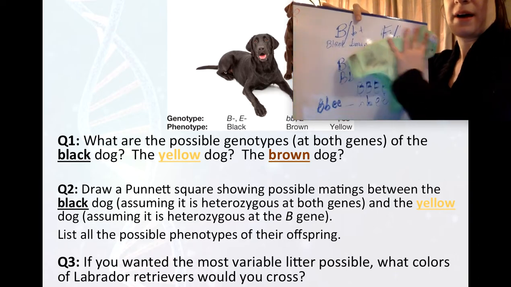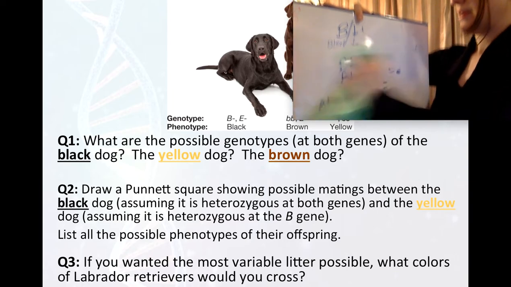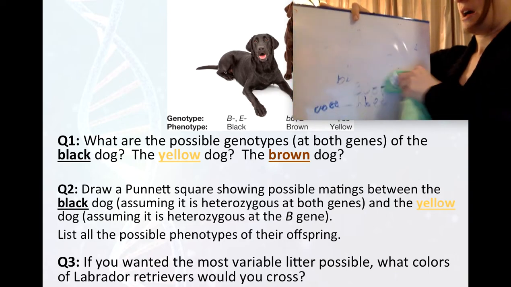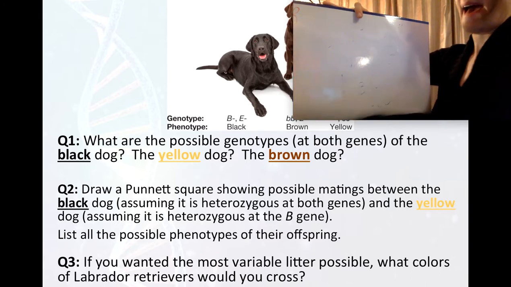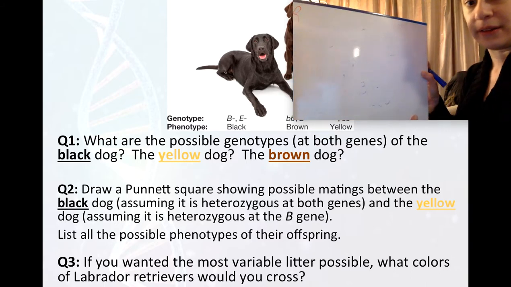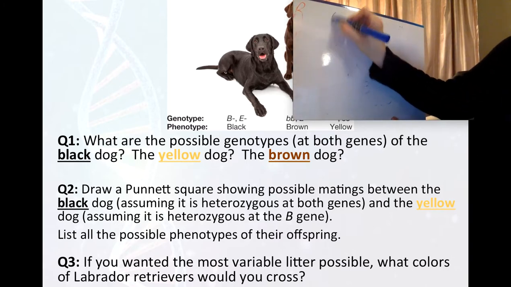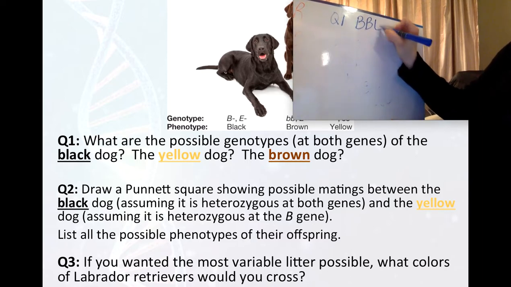We started giving possible genotypes for the black dog. It's anything that would importantly have a big B allele and anything that would have a big E allele. So possible genotypes at both genes of the black dog would be maybe big B, big B, big E, big E.